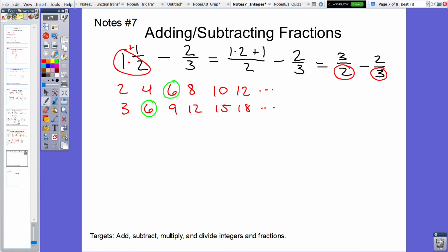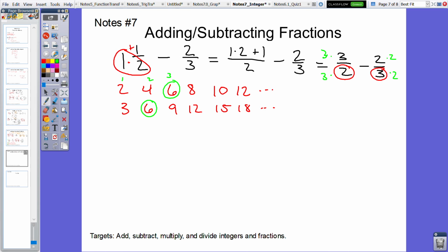So my least common denominator, my least common multiple, is going to be 6. Now we got to ask ourselves, what do I have to multiply 2 and 3 by to get 6's? Well, 2 times 3 is going to give me 6. So I'm going to multiply numerator and denominator by 3, and I'm going to do the same thing for the second one, where I multiply both numerator and denominator by 2.